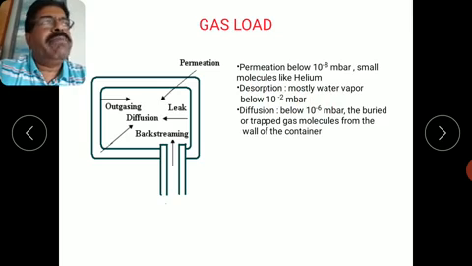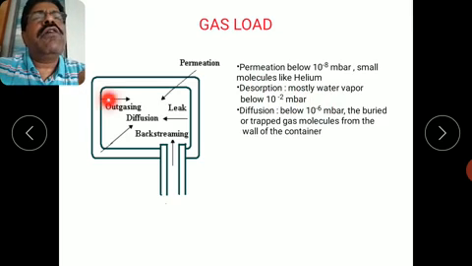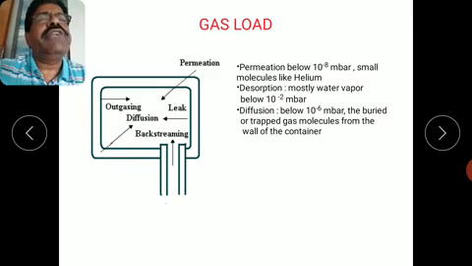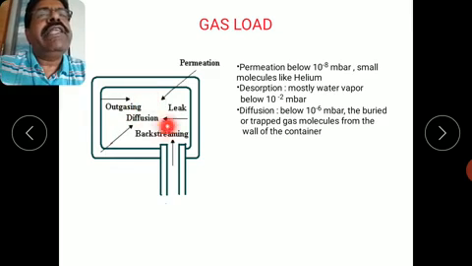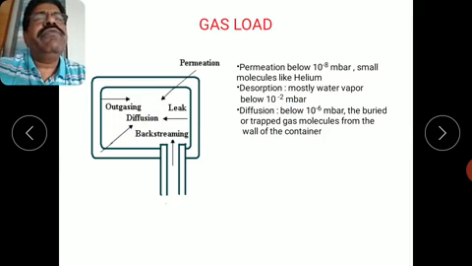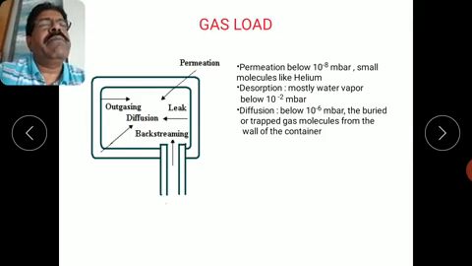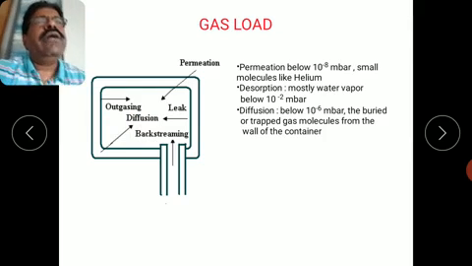Some of the water vapor molecules are adsorbed on the inner surface of this chamber, and initially they are not freely present inside the chamber. But later, as the pressure decreases inside the chamber to the order of 10 raised to -2 millibar, these vapor molecules are freed from the walls of the container into the chamber. So that will add to the gas load.